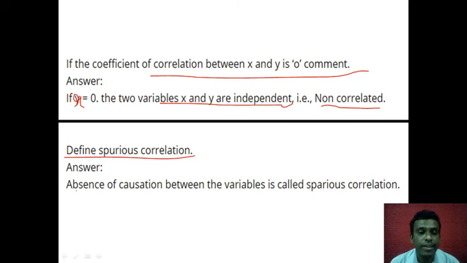Though statistically, based on the data, we can conclude that they are related, the causation between the variables is absent. Hence such kind of correlation is known as spurious correlation.